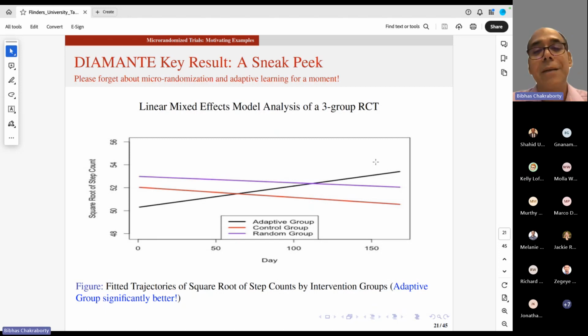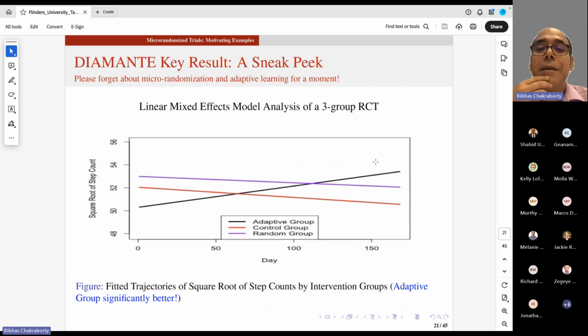But in the adaptive group, it's increasing, which is really great because that's where all the machinery was put in, the reinforcement learning kind of algorithms. So they were learning about the people's behavior and sending hopefully better messages than randomly allocating messages, right?